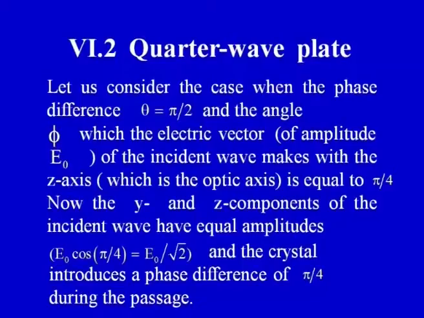So, the angle phi is equal to pi by 4. Now, the y and z components of the incident wave have equal amplitudes, E naught cos of pi by 4 or E naught sine of pi by 4, both equal to E naught upon square root of 2, and the crystal introduces a phase difference of pi by 2 during the passage.